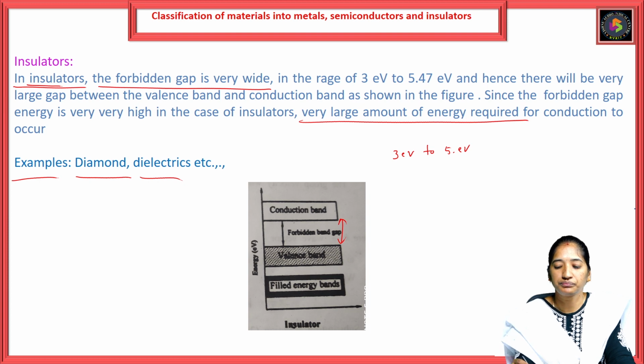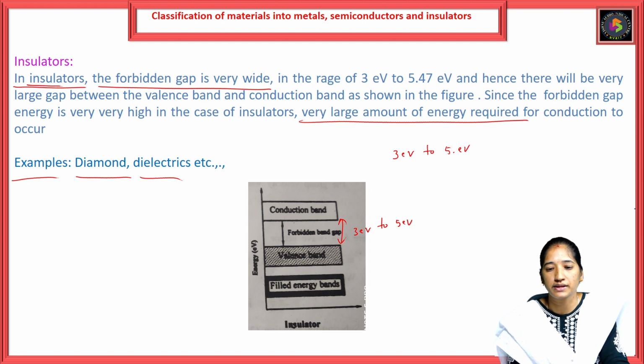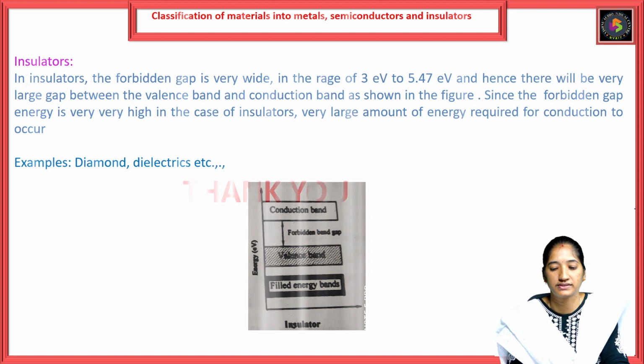This is the figure for the insulator, where the forbidden gap is 3 electron volts to 5 electron volts. The forbidden band gap is very high when compared to semiconductors. So these are the insulators. This is the concept of the classification of materials into metals, semiconductors and insulators.